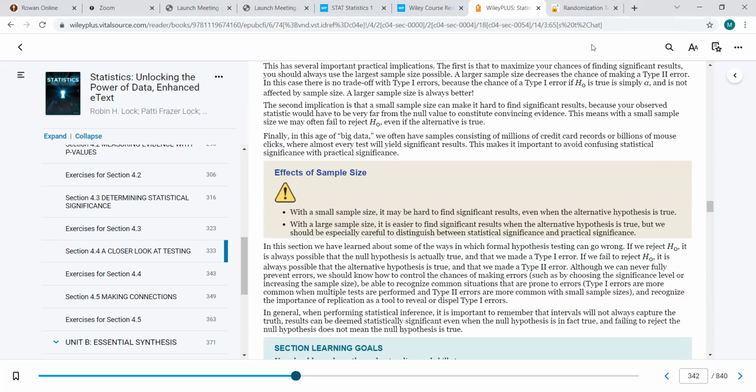I highly recommend that you read this, do the homework, and you'll be in better shape when it's time to take the test, because I will give you plenty of examples, especially when I get back, of how to do hypothesis testing using your calculator.